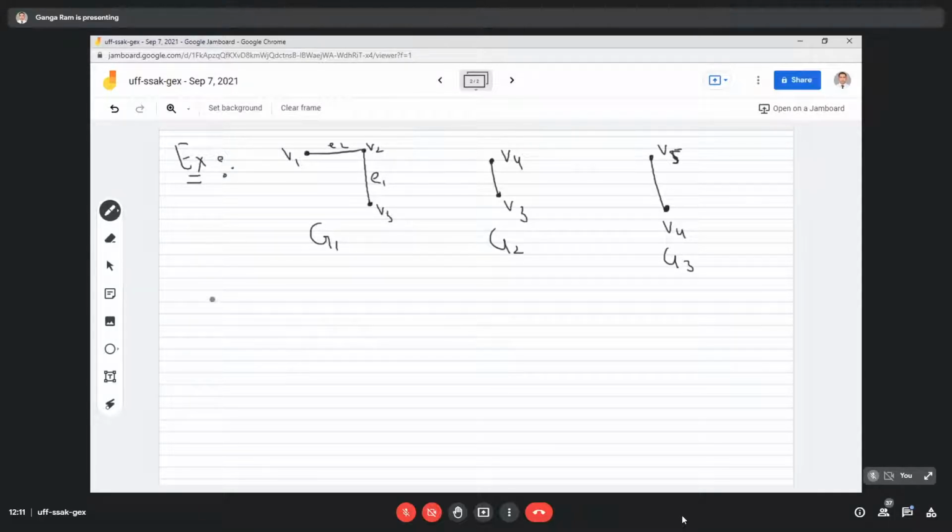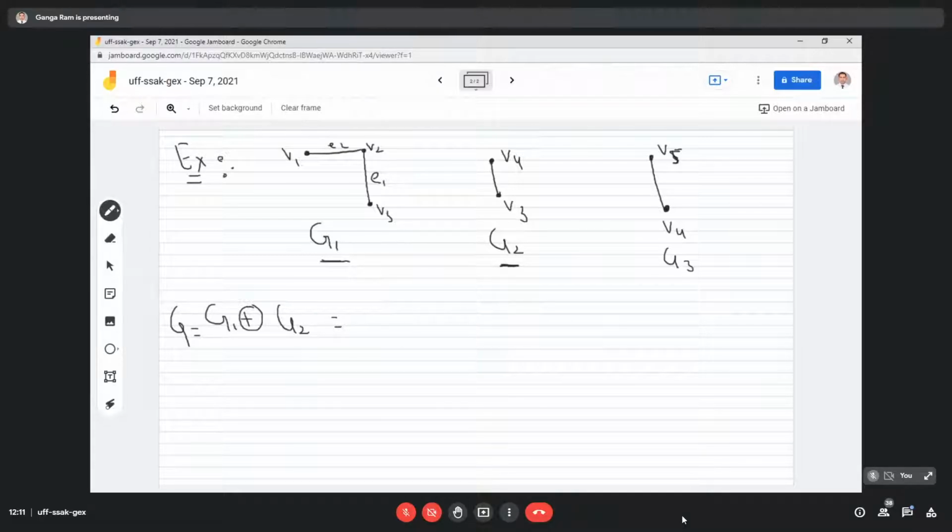Now we have to find the ring sum of G1 and G2. So according to the definition of ring sum, the vertex set of G will be the union of both G1 and G2.